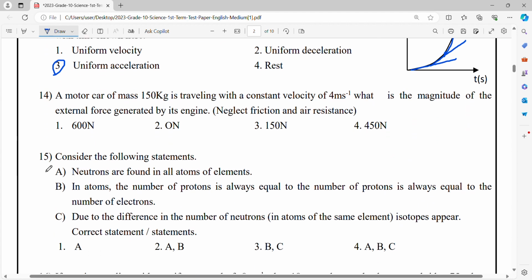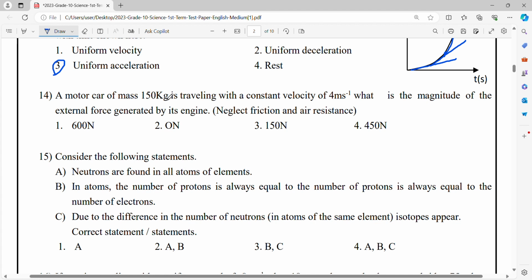A motor car of mass 150 kg is traveling with a constant velocity of 4 m/s. The mass of the motor car is 150 kilograms and the velocity is 4 m/s.